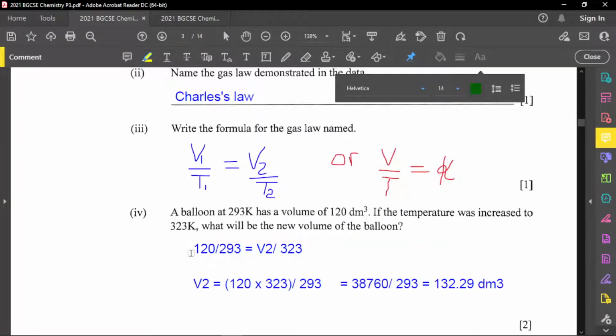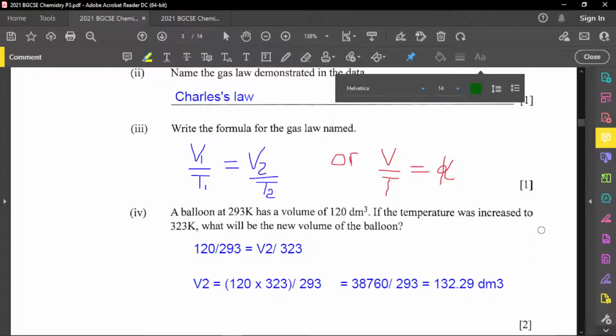We have V1, which is 120, over T1, which is 293, equals V2 that we want to find, over T2, which is 323. To make V2 the subject of the formula, we have 120 multiplied by 323, all divided by 293. As a result, we get 132.29 dm cube.